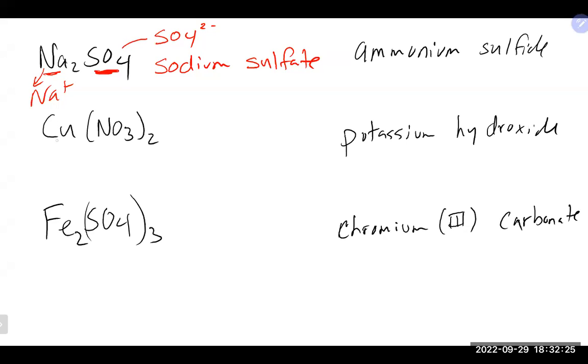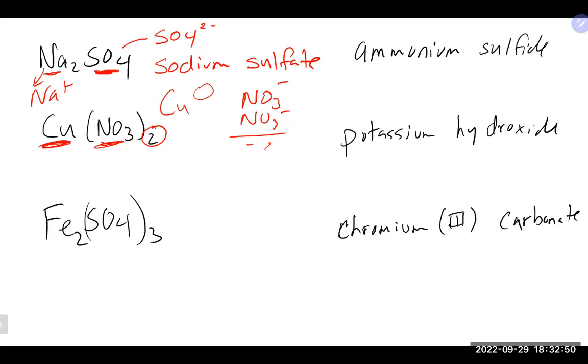Coming to the next one, we again see a metal, which means that's important. We see another polyatomic ion there. So our metal here is a transition metal, which tells us it's a type 2 compound, which means it can have variable charges. So we do want to figure it out. We know that nitrate is NO3 minus, and once again, there are 2 of them.